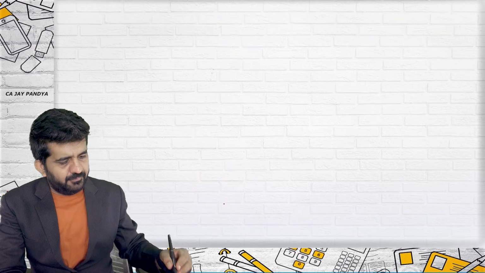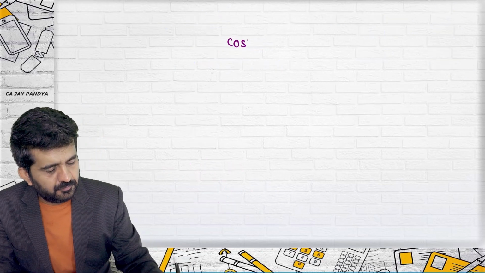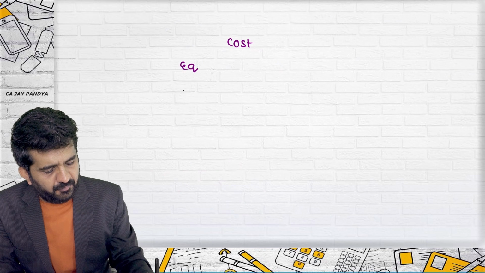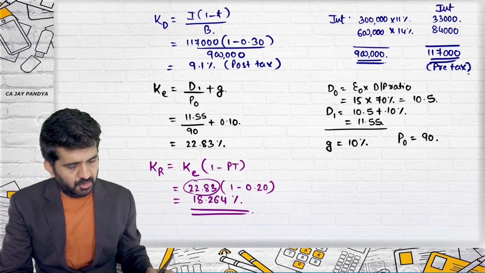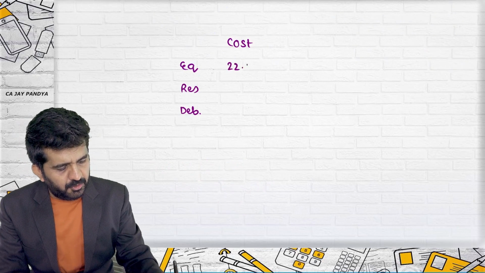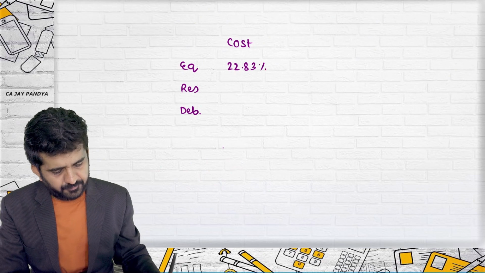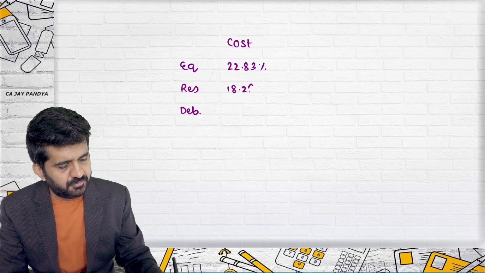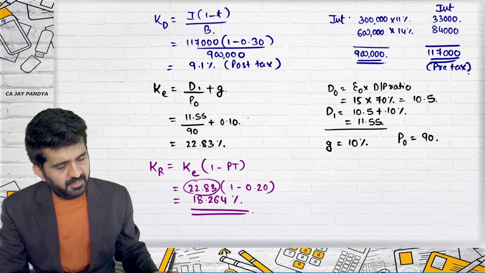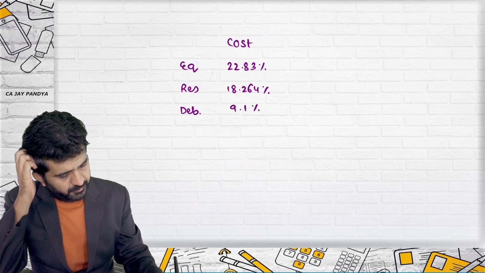So we have cost of equity, reserve, and debt. What is the cost of equity? 22.83%. Reserve is 18.264%. And debt is 9%.